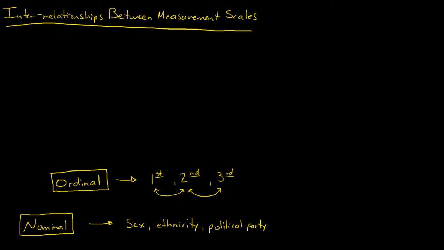Those are not equal intervals in terms of time. In other words, it could be a half of a second separating first and second, and maybe 3 seconds separating second and third. Therefore, it doesn't have the property of equal interval, but it still has magnitude to it.